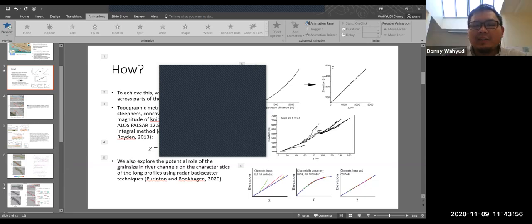And I'm using that information from the best fit concavity analysis to match the best fit concavity for above and below the nick point.